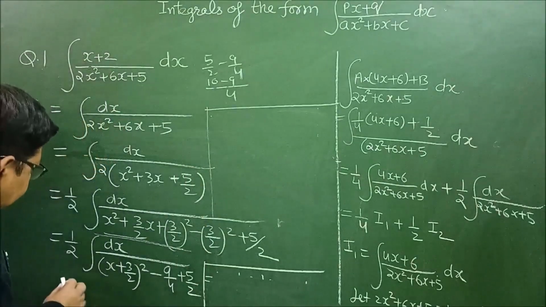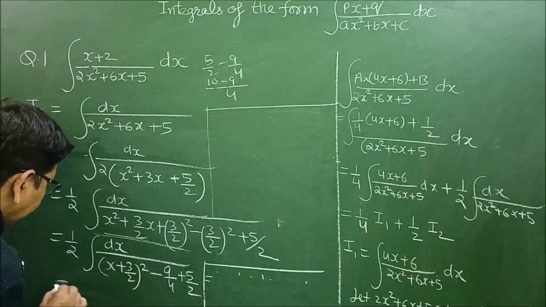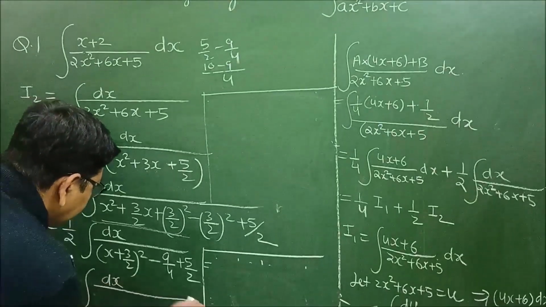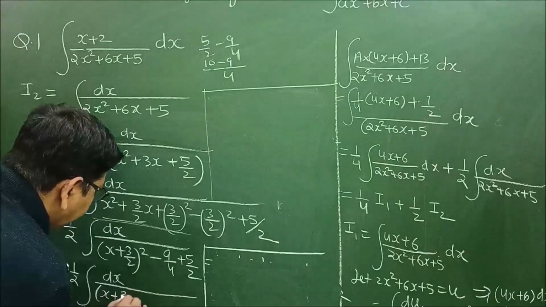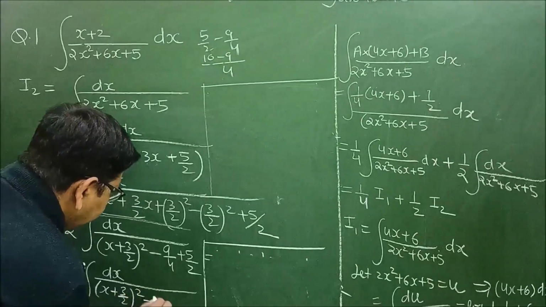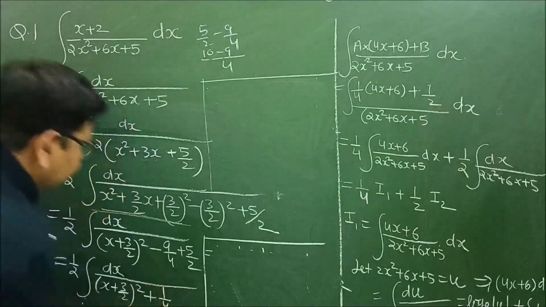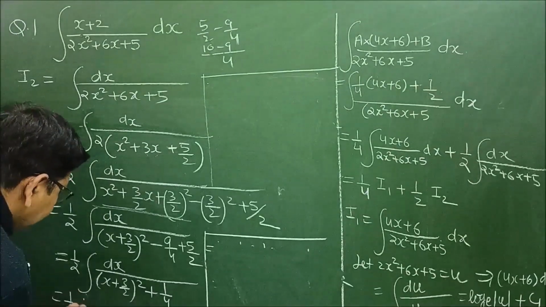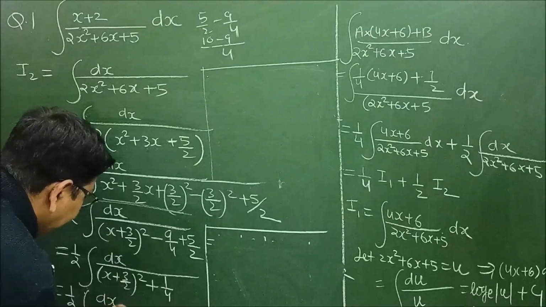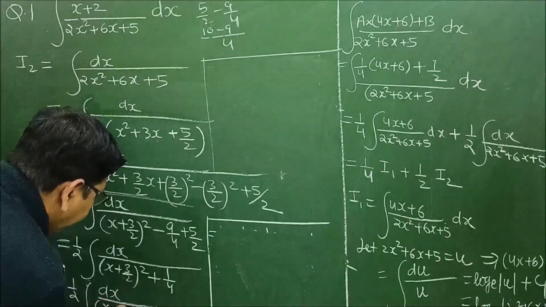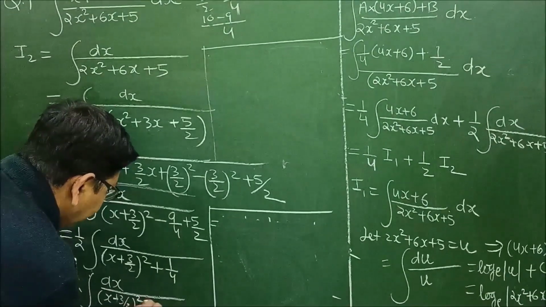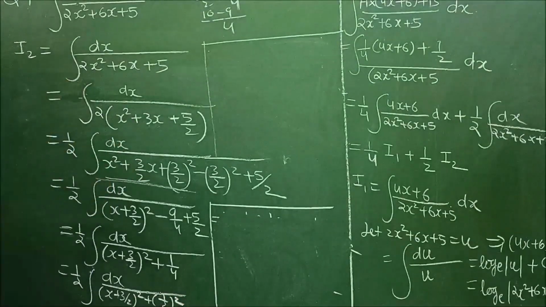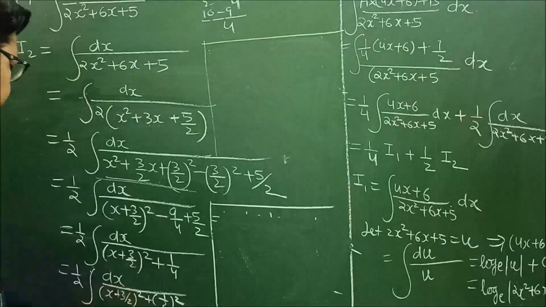So we can write this is equal to 1/2 integral of dx upon (x + 3/2) square plus 1/4, which is equal to half dx upon (x + 3/2) square plus (1/2) square, and this is of the form x square plus a square.